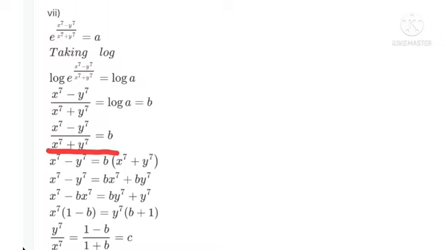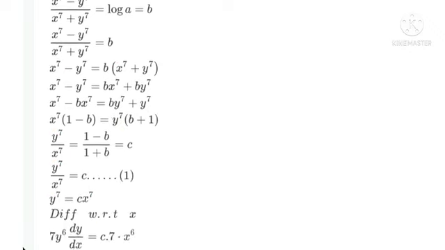Take the denominator to RHS. We get x raised to 7 minus y raised to 7 is equal to b into (x raised to 7 plus y raised to 7). Multiply with b and then take x in the LHS and y in the RHS. So here x raised to 7 common, what remains? 1 minus b, and here y raised to 7 common, what remains? b plus 1.